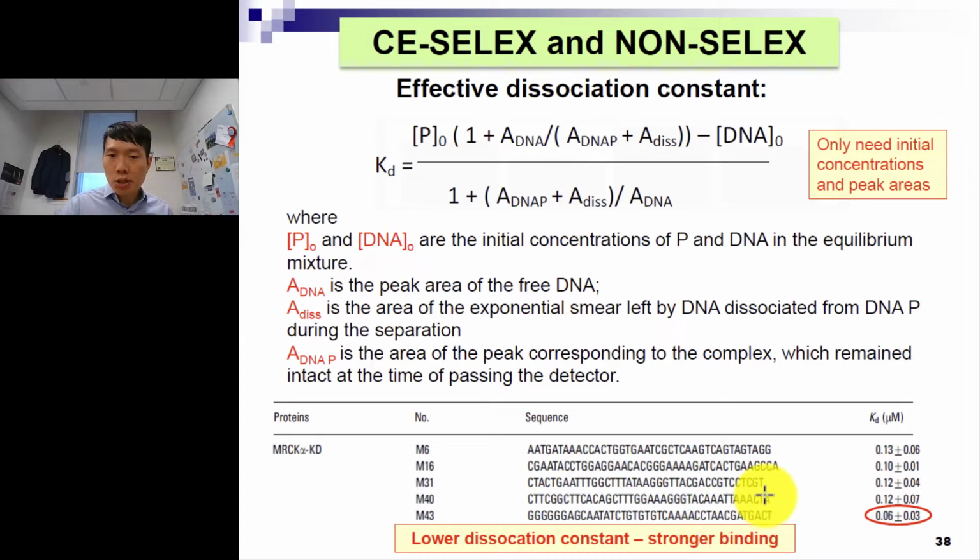I know this is a bit more life science, but I think it's not that hard. ATGC, your bases. I want you to focus on this: a low dissociation constant means stronger binding, because with a high dissociation constant, it dissociates easily, whereas when it doesn't want to dissociate, it binds very strongly. That's why it has a low dissociation constant.